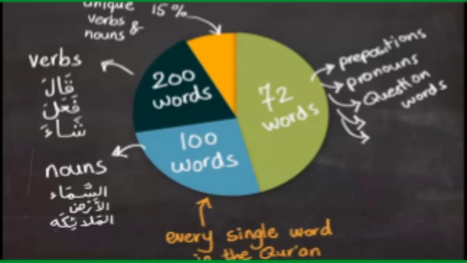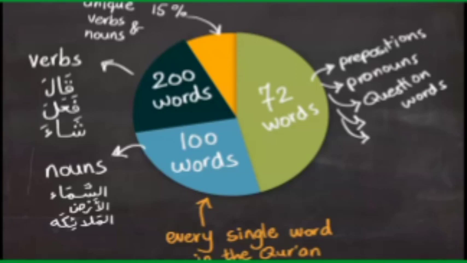So if you know just the word and meaning of these 72 words, then you can figure out sentences from the Quran. You can figure out, tentatively, what is being said. So you can have a good idea about it. These 72 words are prepositions, pronouns, question words. So we have discussed question words, we have discussed pronouns, and today we'll be discussing prepositions.